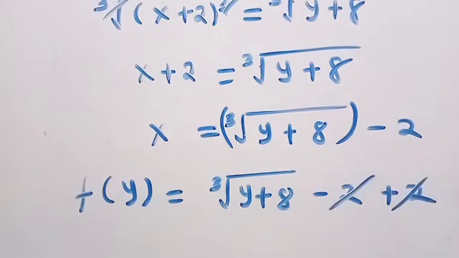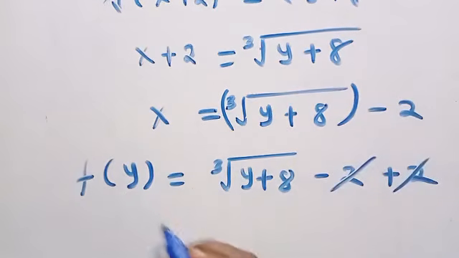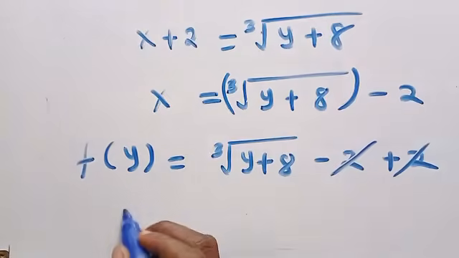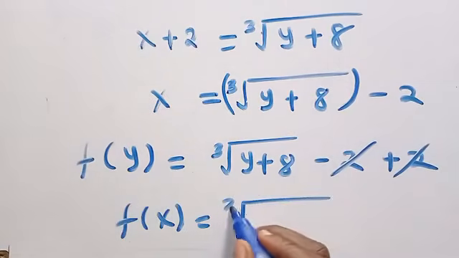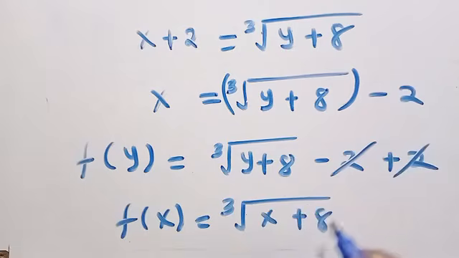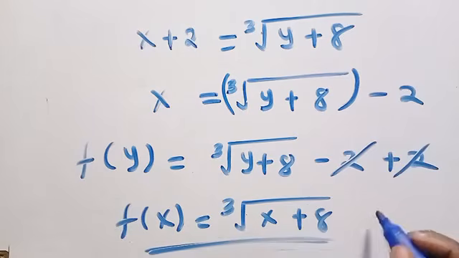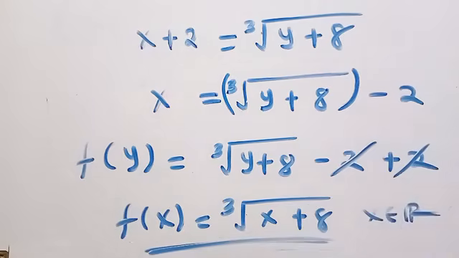So 2 and 2 cancel, and by changing y here to x, we are going to have f of x equals the cube root of x plus 8. And this is the only solution here, as x is a member of the real numbers. But if you want to test for complex numbers as well, we can go ahead with that.